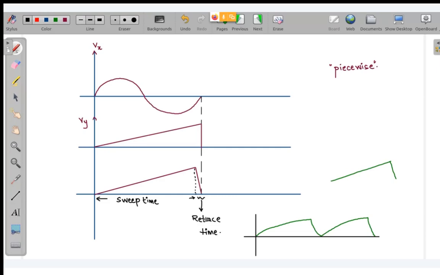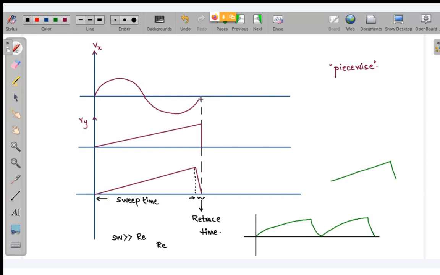So which time do you think should be greater than the other, sweep time or retrace time? Which one? Sweep time. Very good.